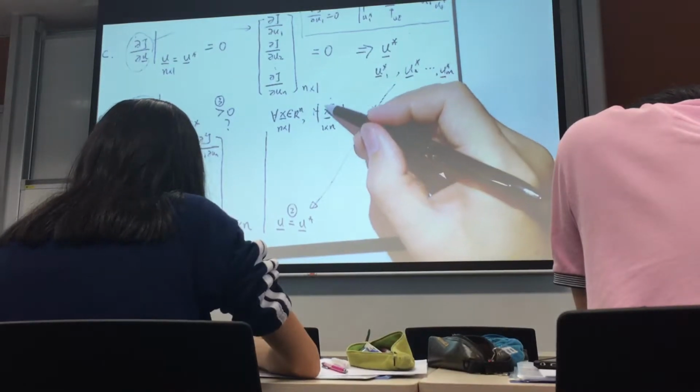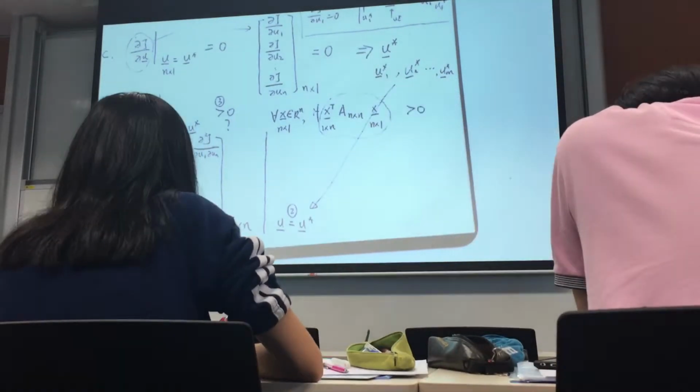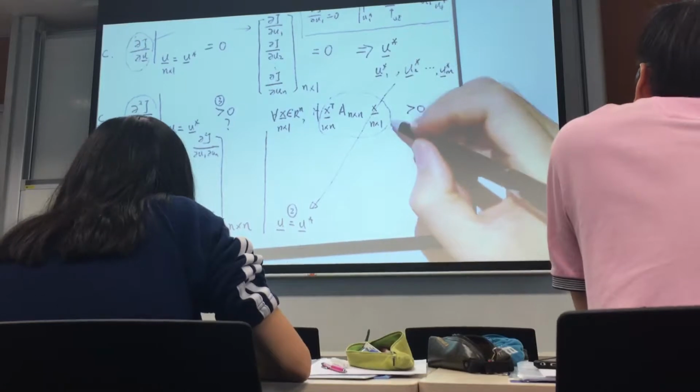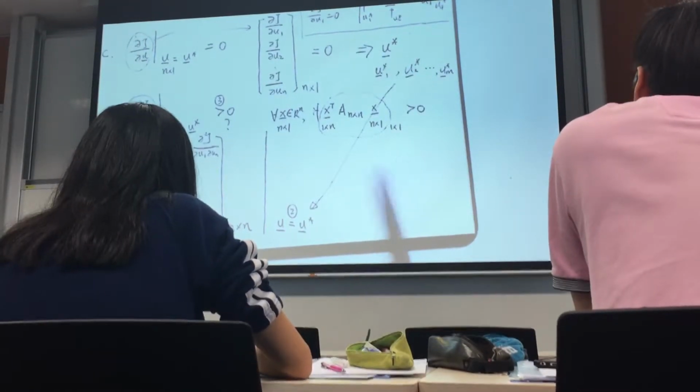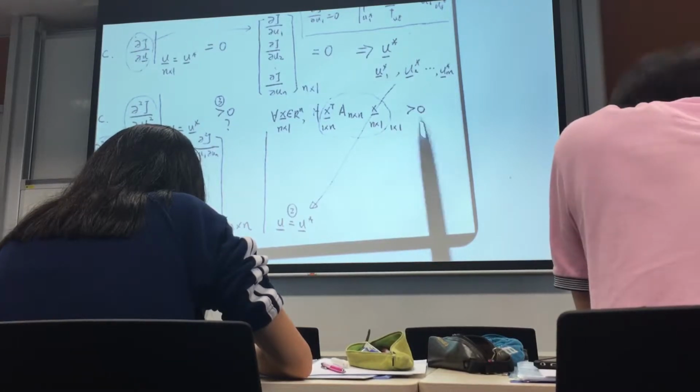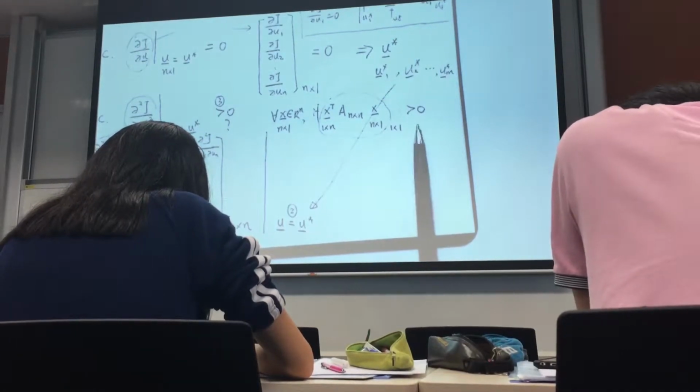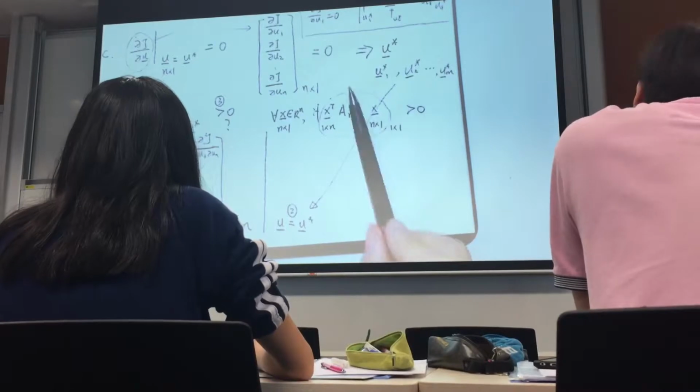So eventually this product will become a scalar, a 1 by 1. It's a scalar, and we already know how to evaluate whether a scalar is positive or not.